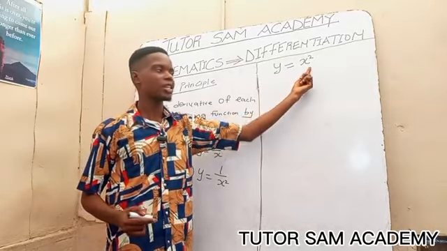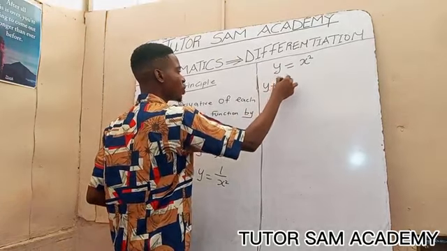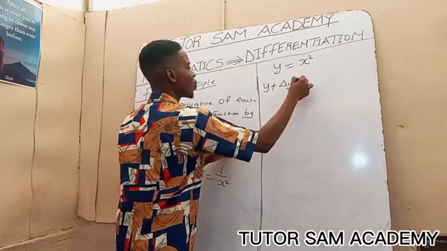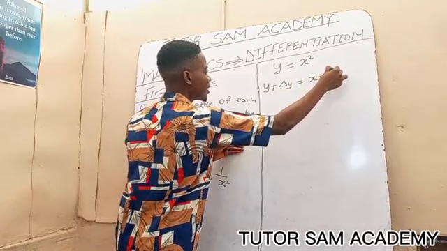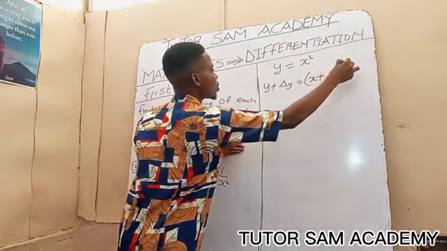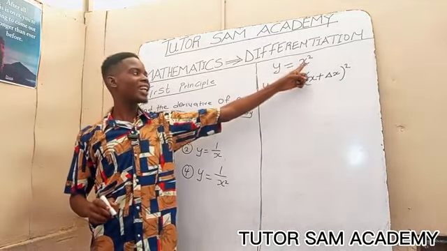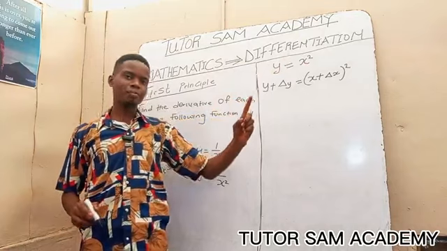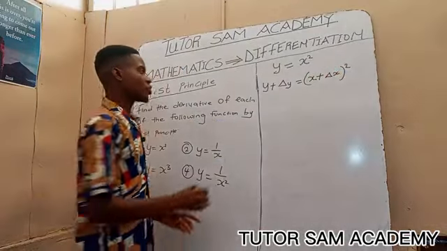So y plus change in y is equal to, anywhere you see x, you increase it with change in x, squared. Let there be an increase in y and an increase in x: y plus change in y, x plus change in x.